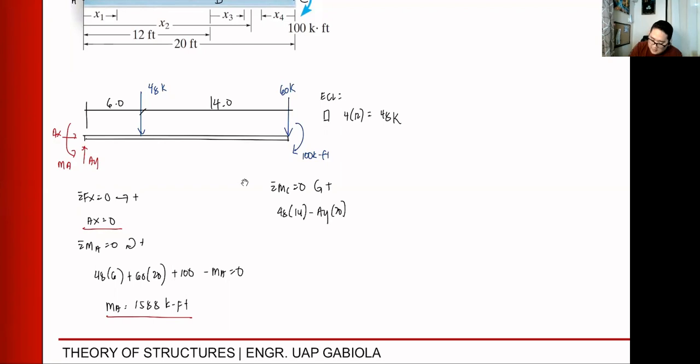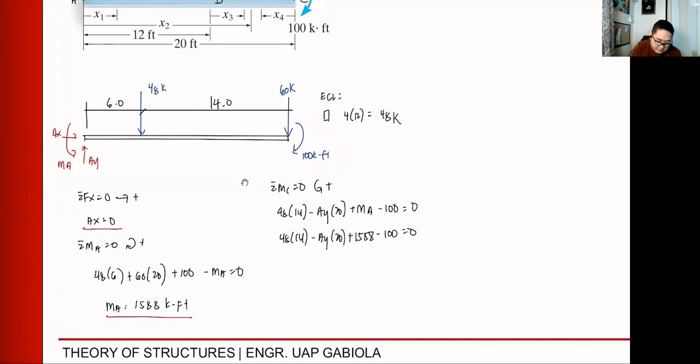And then si MA will be positive kasi counterclockwise siya. And then si 100 kip foot will also be present at that point. So minus 100 is equals to 0. Okay? So substitute natin yung value ni MA. So minus AY times 20 plus 1588 minus 100 is equals to 0.